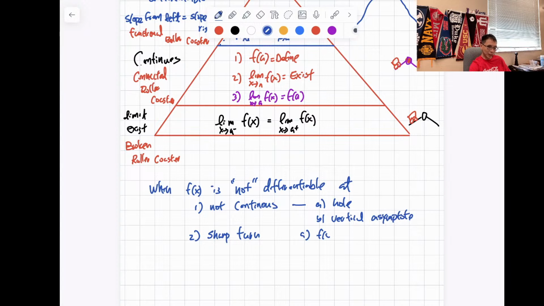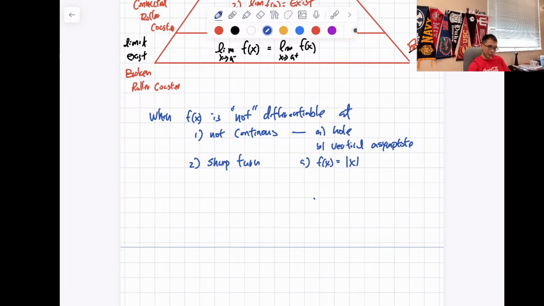Can you think of a function that has a sharp turn? Absolute value, absolute value of x. Good. So that's a sharp turn. This absolute value function has a turn in slope from -1 to +1. So m equals -1, m equals +1. This is not differentiable here.